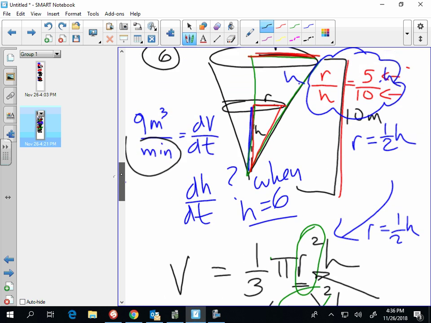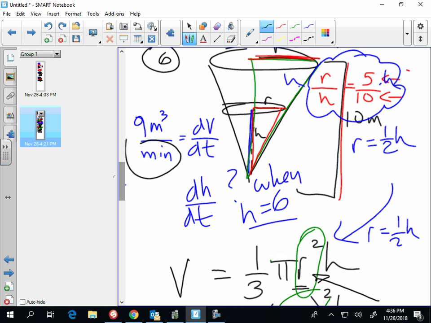I needed a helping equation, and that helping equation came from similar triangles. Short side in the small triangle is to long leg in the small triangle. Short side in the big triangle is to long leg in the big triangle. Short to long, short to long. That's what I did when I created this relationship here.